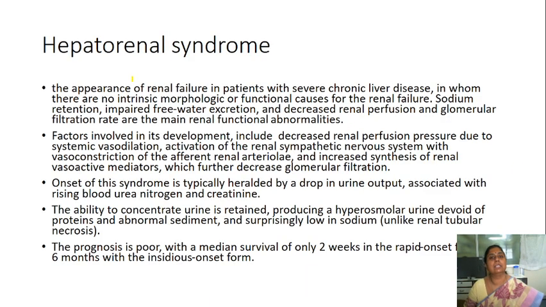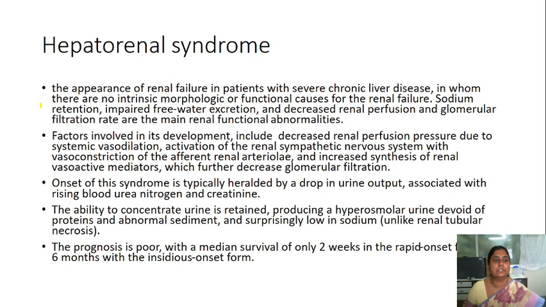Yes, the hepatorenal syndrome. Now what is this hepatorenal syndrome? The appearance of renal failure with severe chronic liver disease in whom there is no intrinsic, morphologic or functional cause of the renal failure. There is a renal failure, that is, oliguria develops, but intrinsic morphological or functional disease of the kidney is not present.